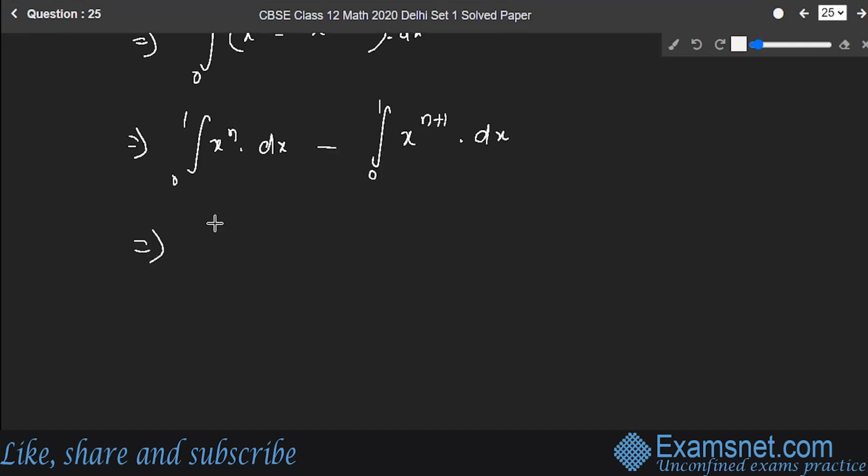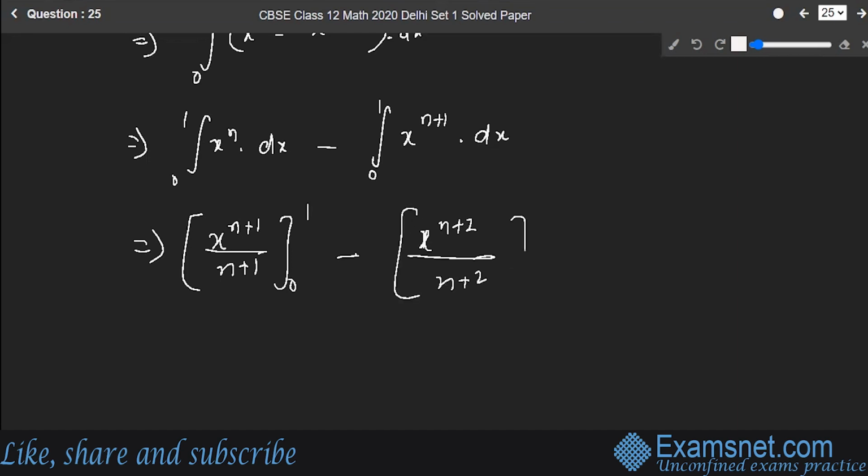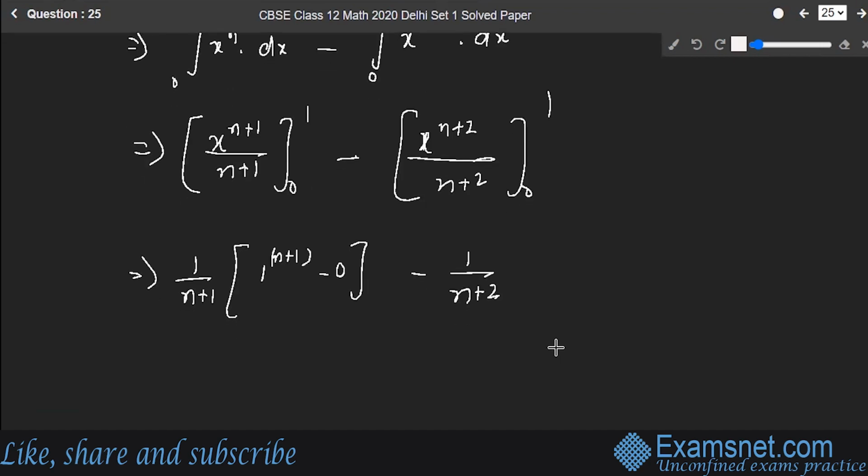This integral will be equal to x raised to power n plus 1 divided by n plus 1, limit 0 to 1, minus x raised to power n plus 2 divided by n plus 2, limit 0 to 1. So this will be 1 raised to power n plus 1 minus 0, minus 1 upon n plus 2 into 1 raised to power n plus 2 minus 0.